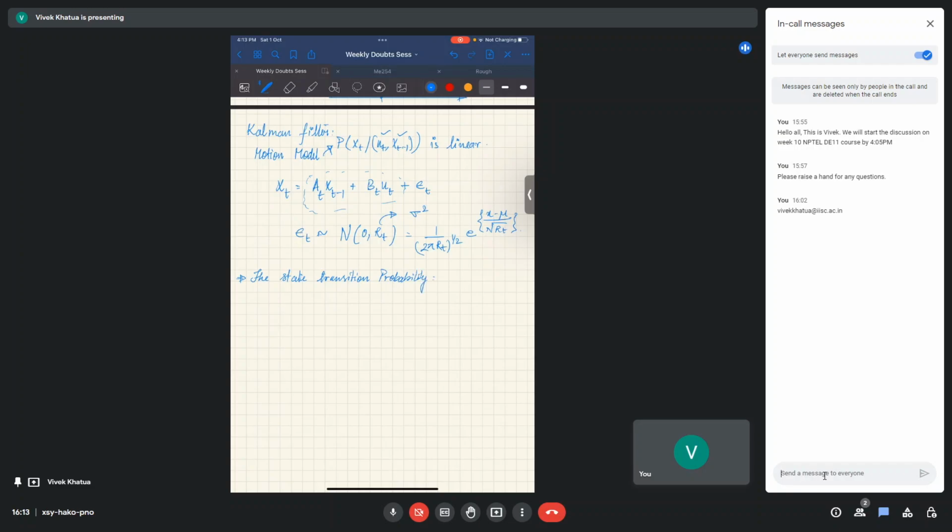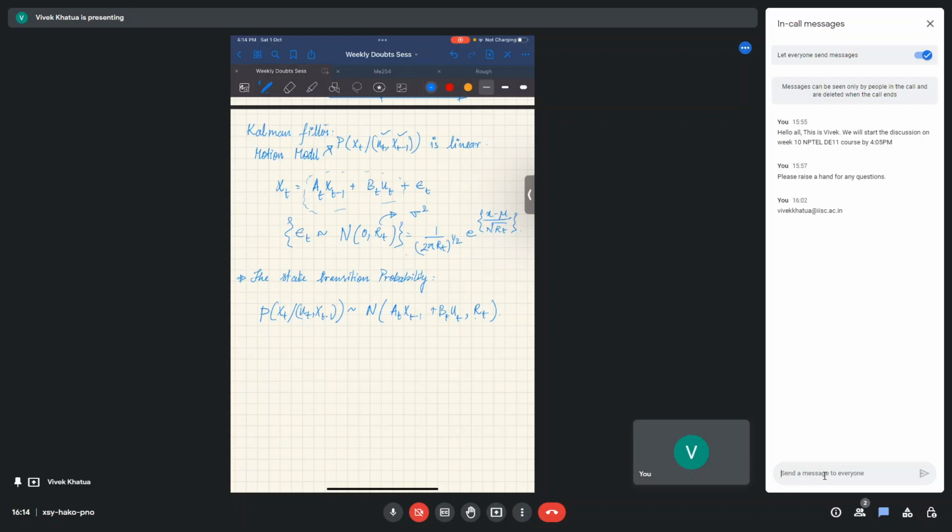Since this is a linear equation of the previous state and the control signal you have sent, the probability of the state xt will be nothing but the normal distribution around At xt minus 1 plus Bt ut, comma, where the stochasticity is put as RT, because this particular expression is what we can invoke here.